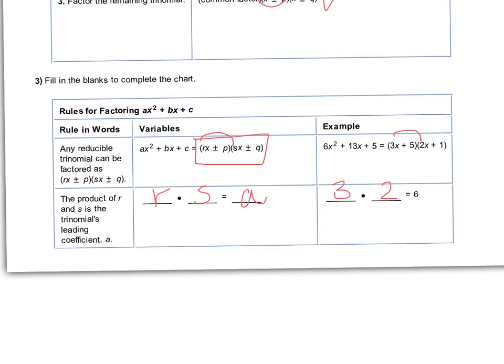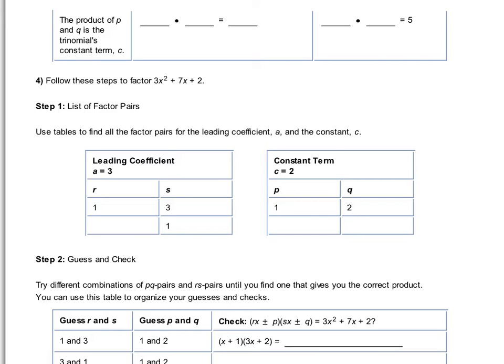It may show up on your quiz though. All right, the product of P and Q, just like before, P times Q is going to give us C, our constant at the end. So looking at that previous example, 5 times 1, and 5 times 1 does give us 5.